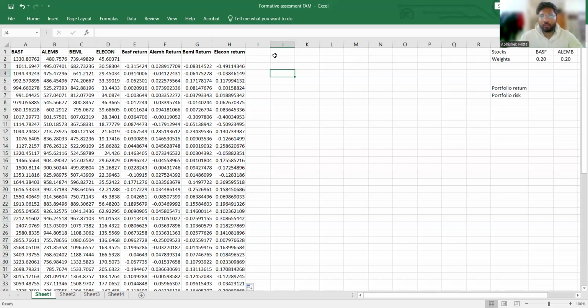So I calculated all the monthly returns of the companies.